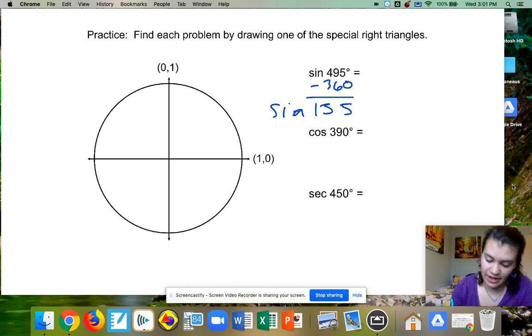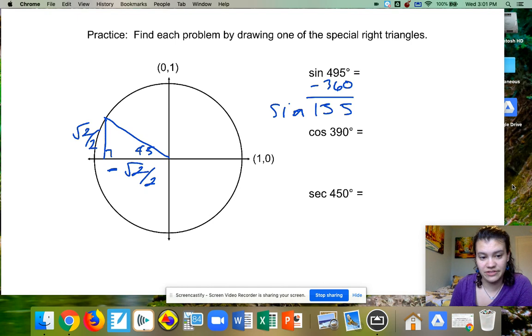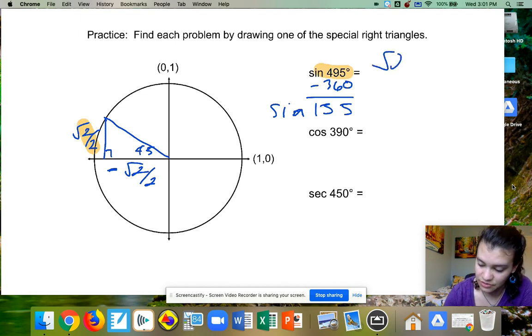So 135 is in your second quadrant at a 45-degree angle. So then you'd end up with root 2 over 2 and root 2 over 2 for your sides. Again, make sure you have positive and negative depending on what quadrant you're in. So then if we're looking for sine, we're looking for the y component. So your answer is root 2 over 2.